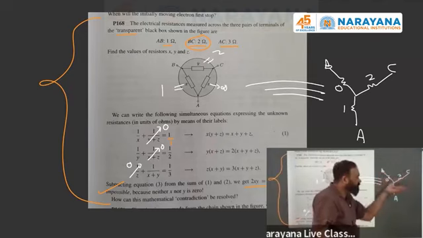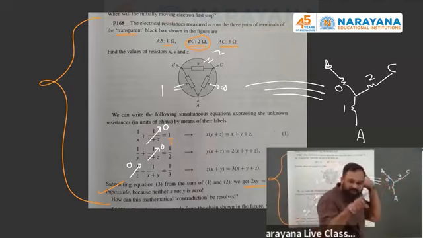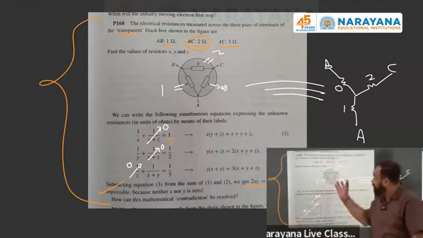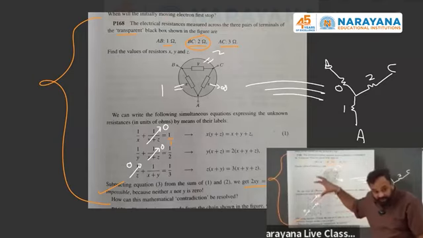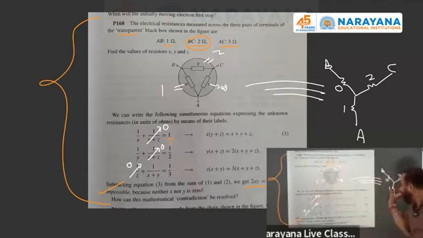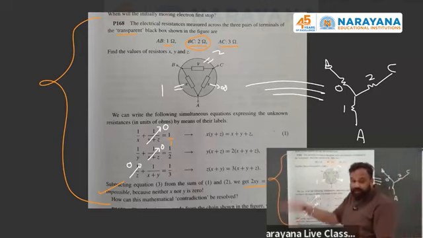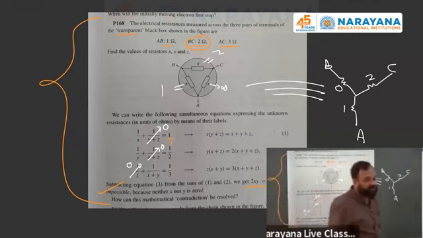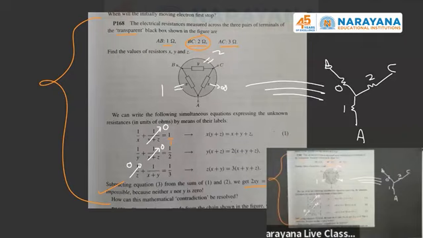But those combinations are already catered for here. And all of them being attached with resistors is already catered for there. So those are the only 2 combinations. Anything that you are visualizing is actually a disintegration of this star or delta. So I know there are infinite possible combinations, but there are 2 core combinations theoretically, and they are getting further disintegrated. So you should keep this point in your mind while solving this problem.